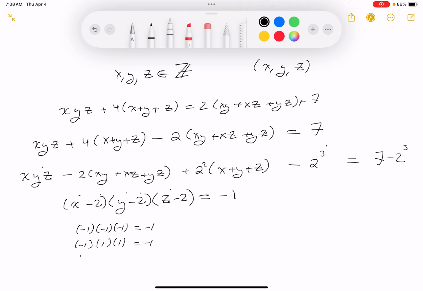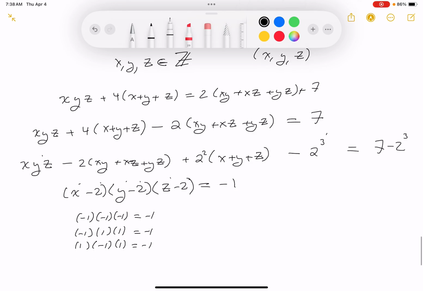I could have 1, minus 1, and 1. That gives me minus 1, all right? I could have 1, 1, minus 1, equals minus 1. Is there another possibility? There's no other possibility, by the way.